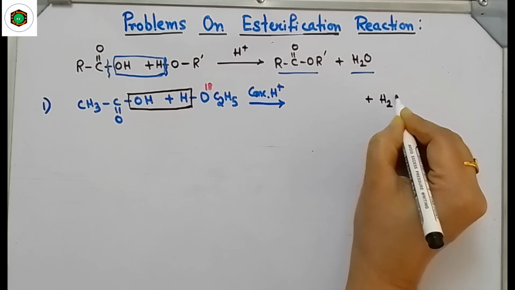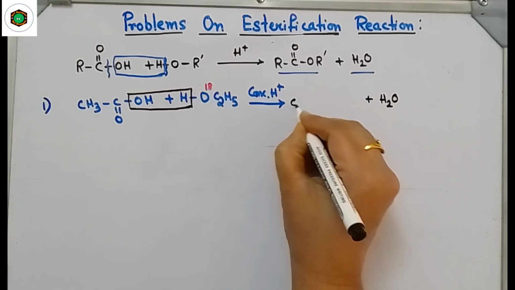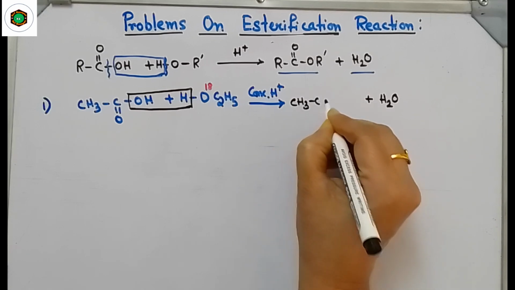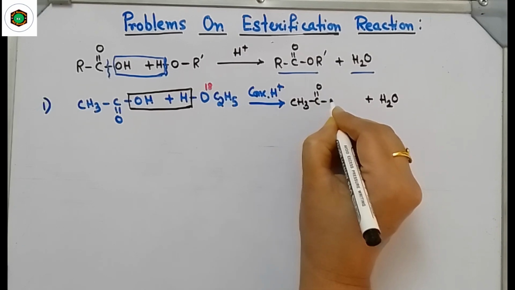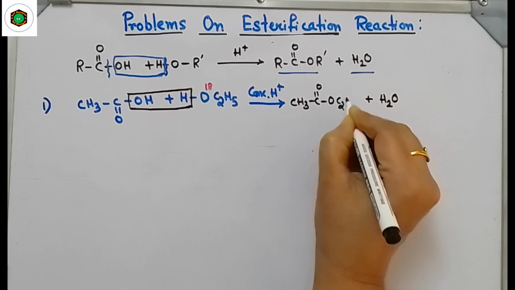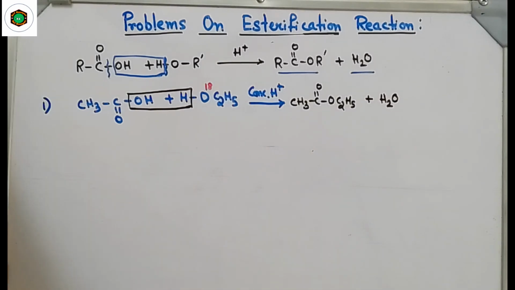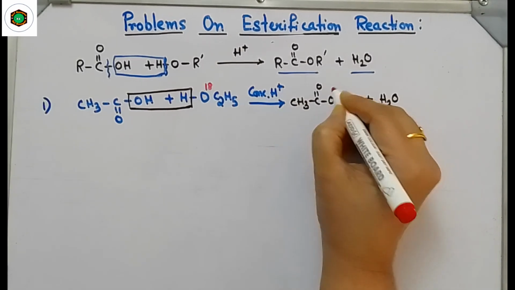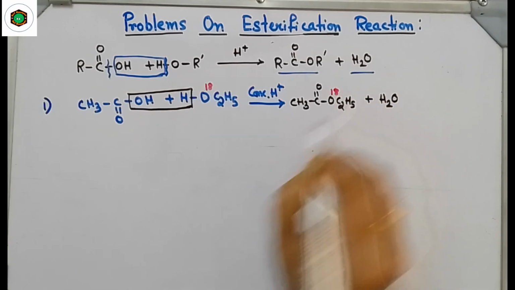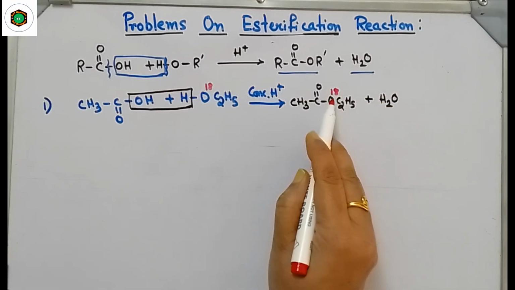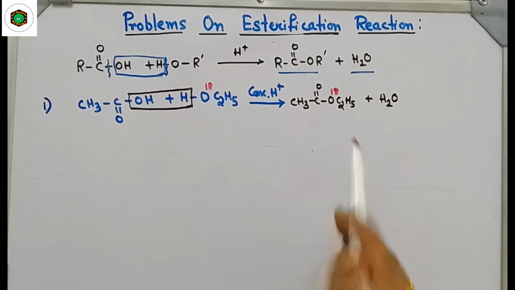Water and CH3, C double bond O, C2H5, and this O is coming from alcohol, so it is labeled, means it is an isotope of oxygen. So here that O18 oxygen will come.